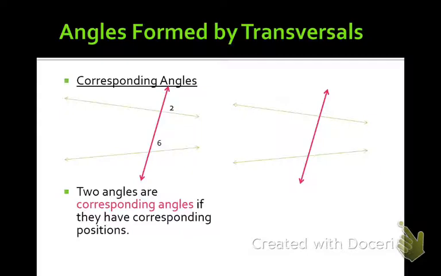That shows they correspond. They hold the same position. At this intersection, 2 is in the upper right part of the intersection. 6 is in the upper right part of the intersection here. So 2 and 6 correspond. They hold the same position in their intersections.